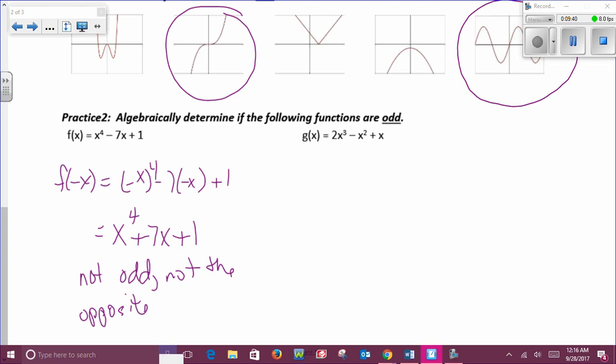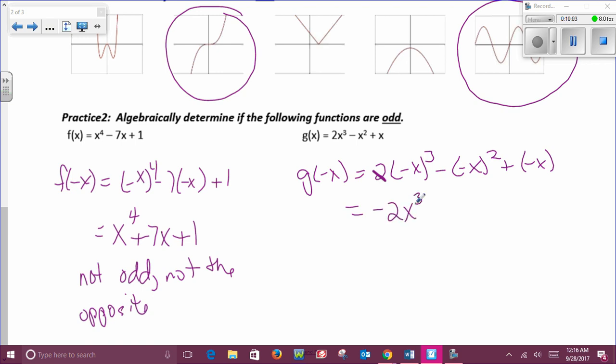So for the next one, g of negative x equals 2 times negative x cubed minus negative x squared plus negative x. So I will have 2 times negative x cubed. So negative 1 times negative 1 times negative 1 gives me negative 1 times 2. So negative 2x cubed. And then negative x squared becomes a positive x squared, and then plus a negative x, so it's just minus x.